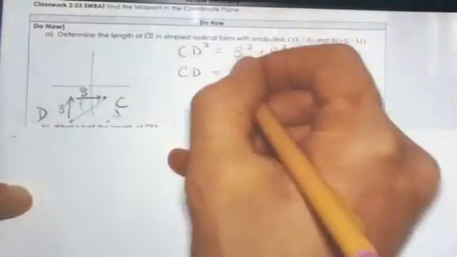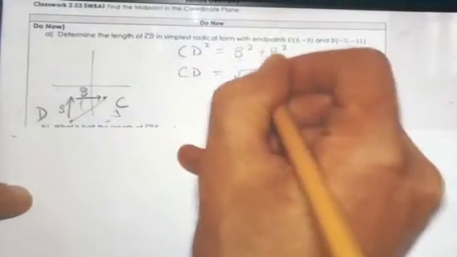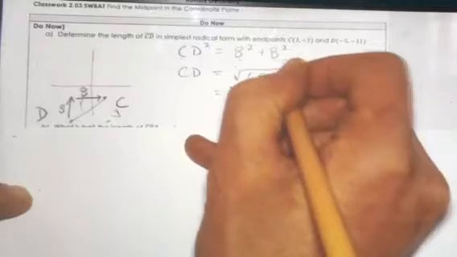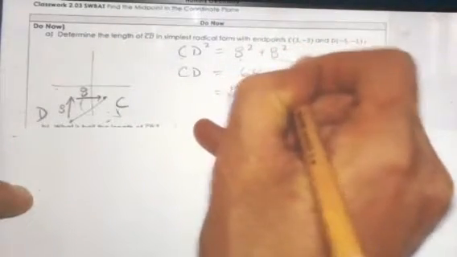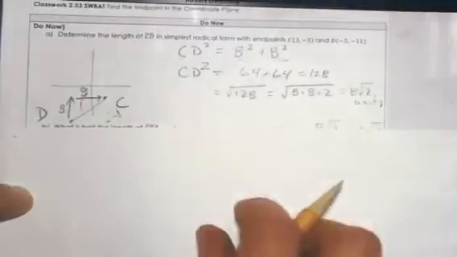Thanks for your patience on this. I didn't do anything wrong, just making sure we're clear here. So we have 8 squared is 64, and then 8 more squared is 64, and we need to add them. So we'll say 64 plus 64 equals 128, and this is still CD squared.